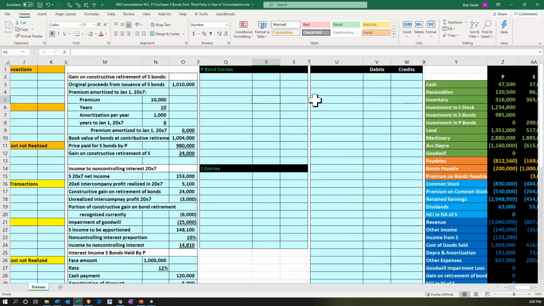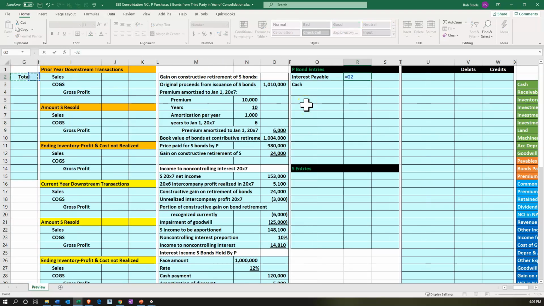We're going to have to reverse the prior year accrual, so interest payable would need to go down for P's side of things. And then they'd be paying basically the cash. This would be part of the cash payment of the current year to reverse the accrual that took place last time period.